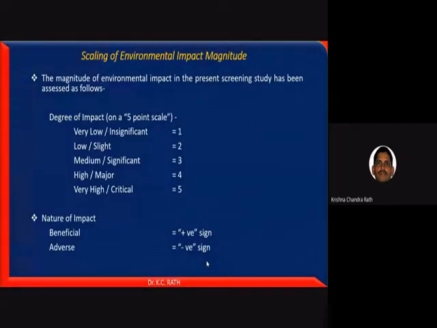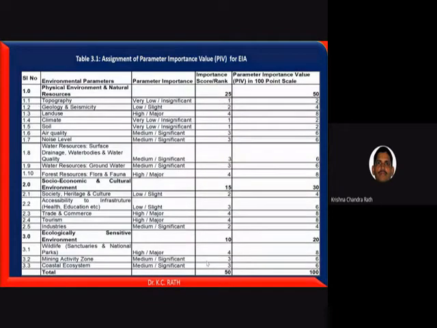And these are some of the technical aspects of scaling of environmental impact magnitude and assignment of parameter importance values of all environmental parameters. It starts from topography, soil, air quality, noise level, etc., etc.